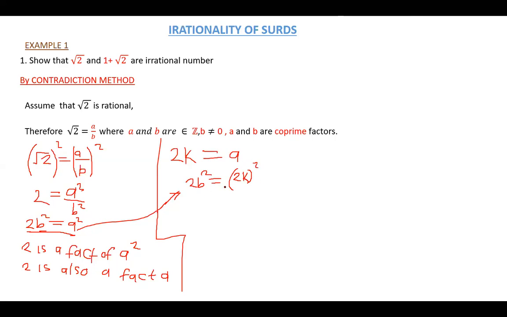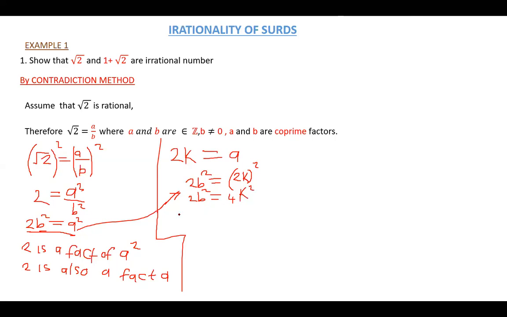So when I square that, I'm going to have something like this: 2b squared being equal to 4k squared.